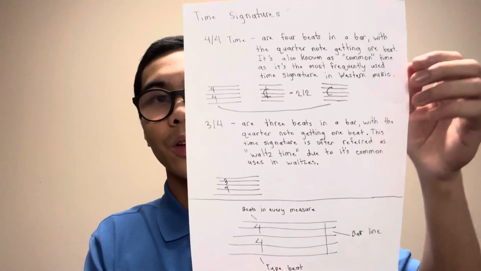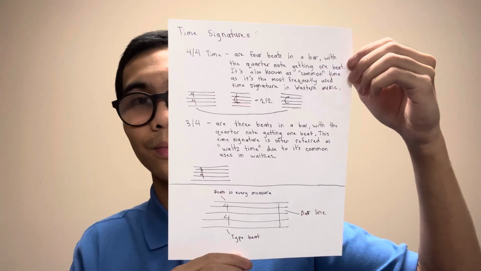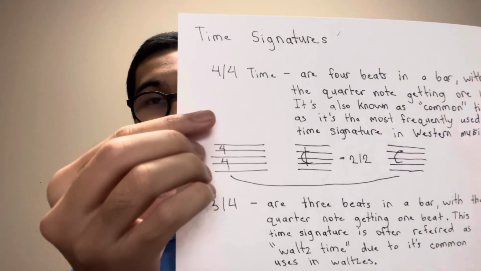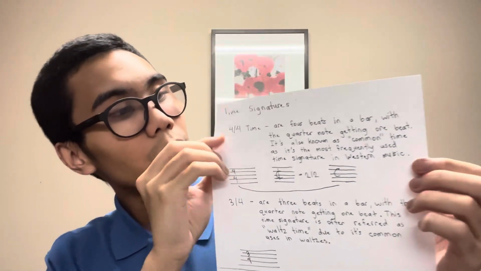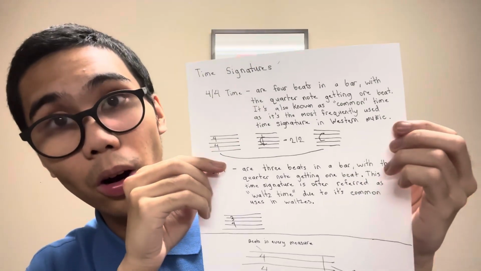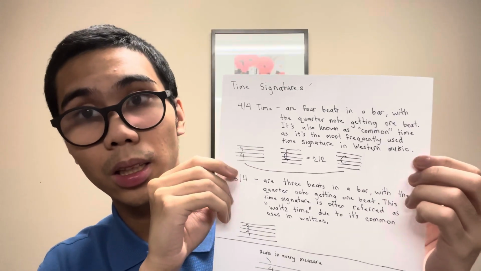Next is the time signature, and it indicates the rhythm and meter of a piece. So we have here the time signatures. Right at the top is the 4/4 time signature. This one has 4 beats in a bar, with the quarter note getting 1 beat.